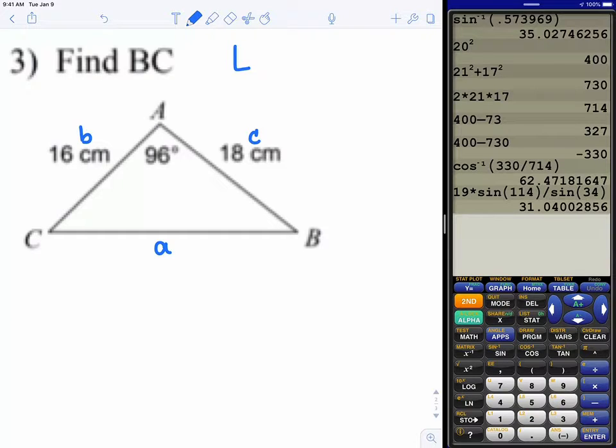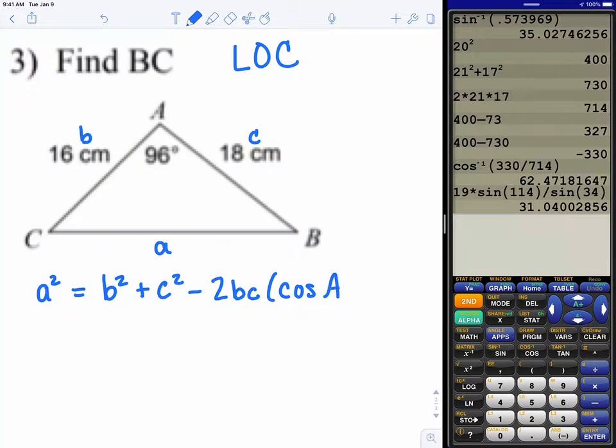So we're going to have to use the law of cosines. Angle A is the angle involved, so we use the version of the law of cosines that has A bookending the formula: a squared equals b squared plus c squared minus 2bc times the cosine of angle A.